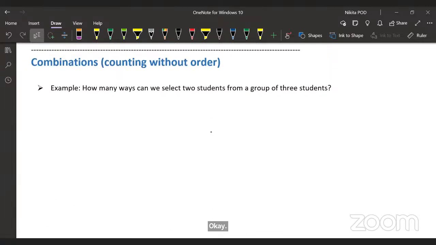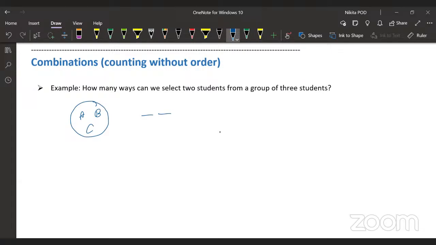The question here is, how many ways can we select 2 students from a group of 3 students? 3C2. So you have 3 students, let's say A, B, C, and from there you have to just select 2.